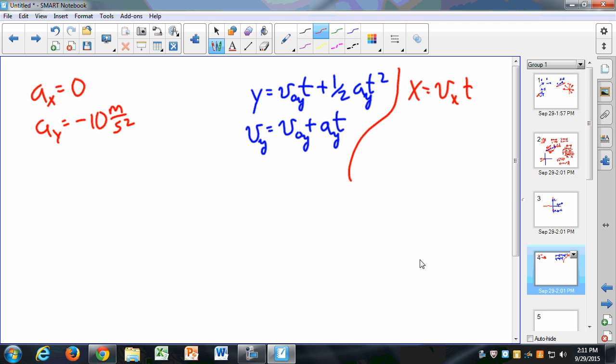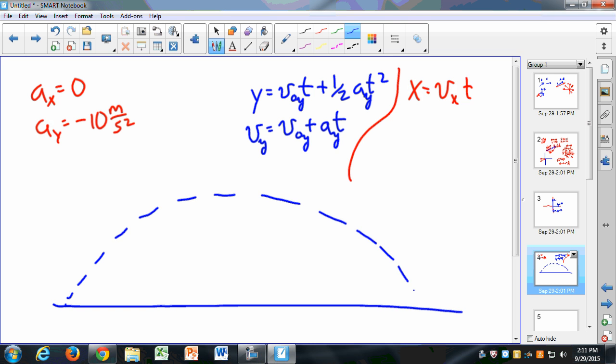Sort of our prototypical or stereotypical projectile motion problem, which you won't see one exactly like this, but it will help you to know how to work this, is where I have an object that has an initial velocity at some angle.